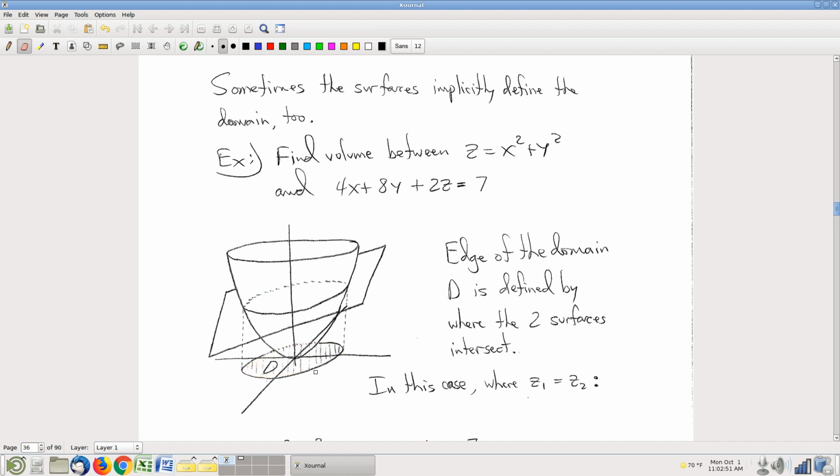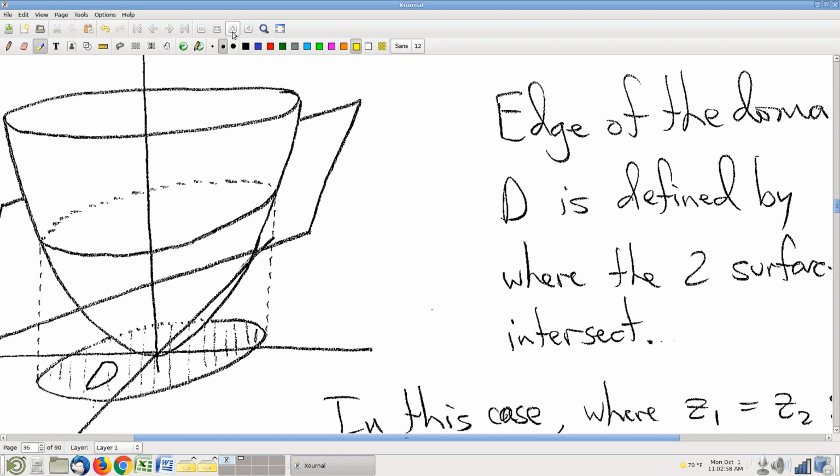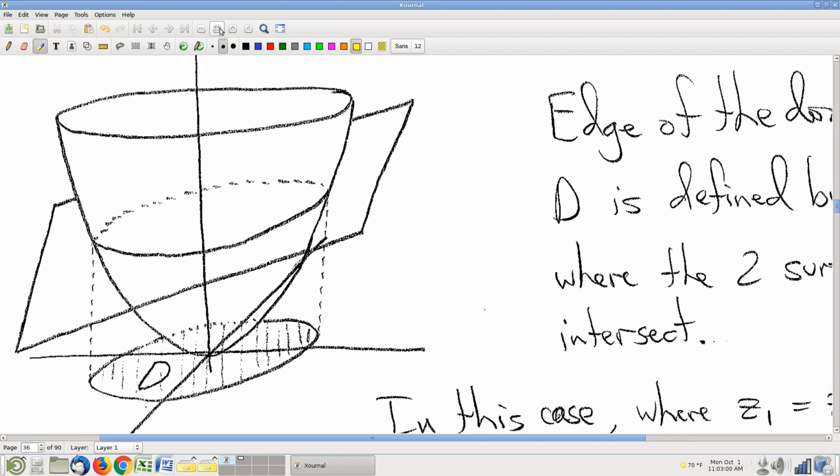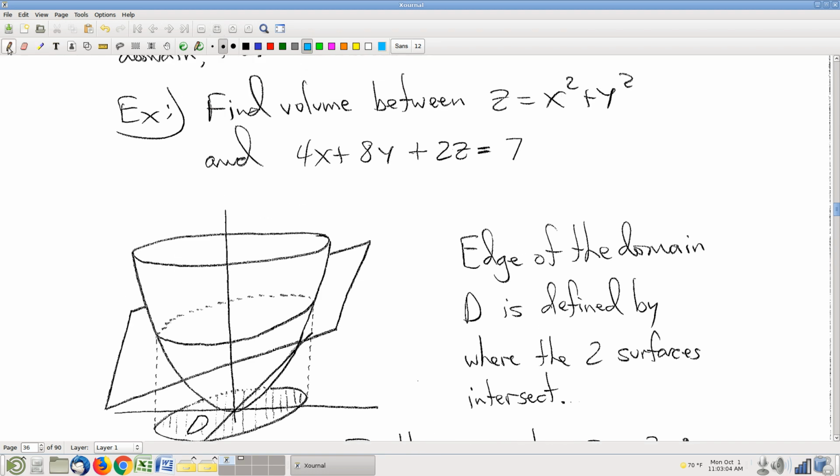Okay, so here's the strategy. I am looking for points such as this one that's in my domain that I'm interested in. Notice that at that point there are two corresponding values of z.